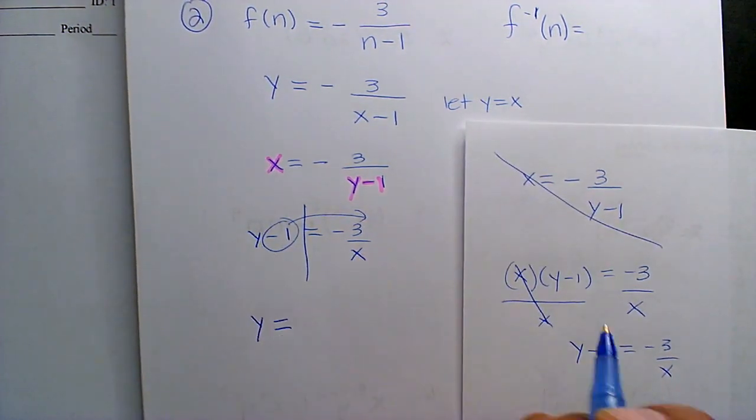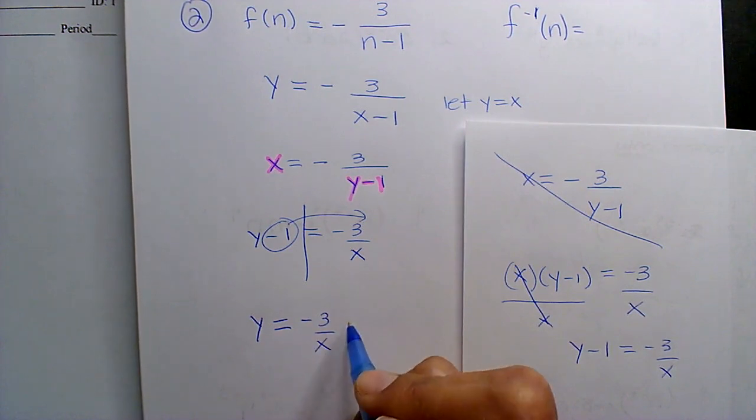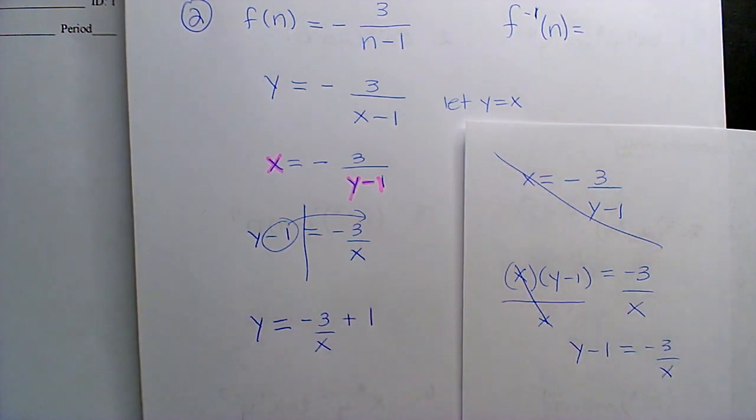So y equals negative 3 over x plus 1. And that's it. You can't do anything else because we don't want the x to come up and have a negative 1 exponent, and that's it.